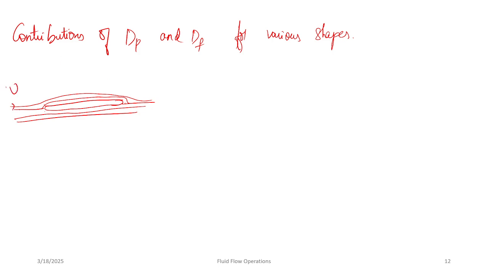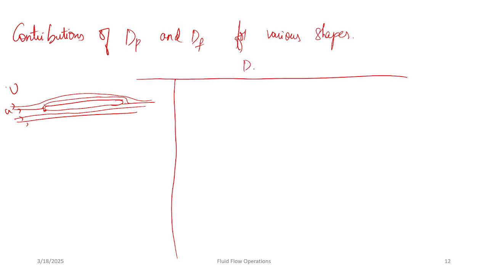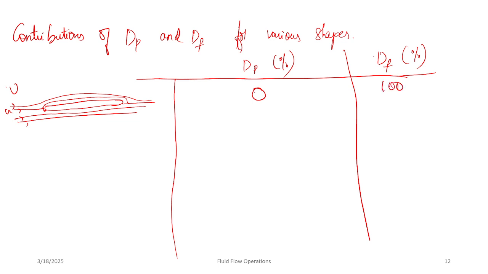This is U, and this is point A, and this is point B. Everything remains the same. In this case, dP is zero. The drag due to pressure is zero, and because of friction, it will be 100%.